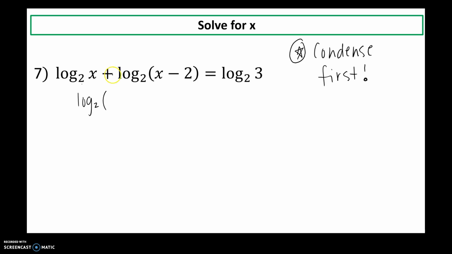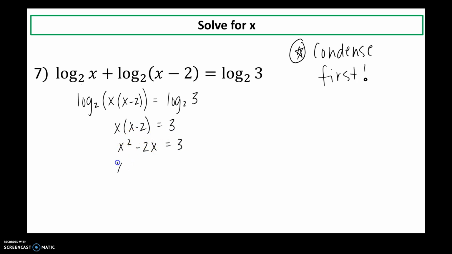They're separated with a plus sign, so I condense them using multiplication. Now I can use my rule: if I have log base b on the left-hand side equal to log base b on the right-hand side, then that's true if and only if my expressions are equal to each other. Okay, so I have x squared minus 2x equals 3.